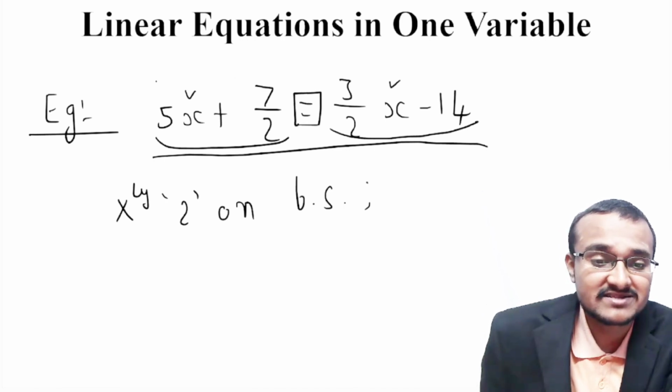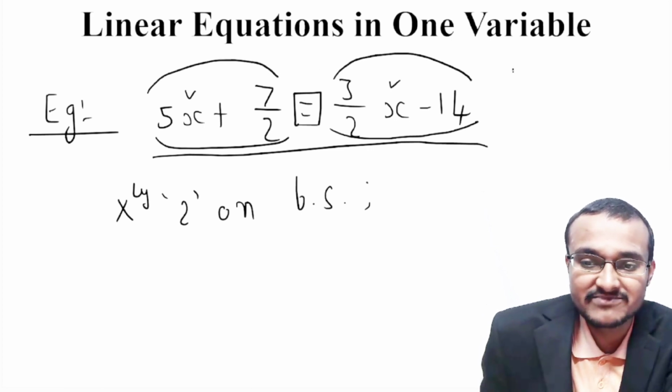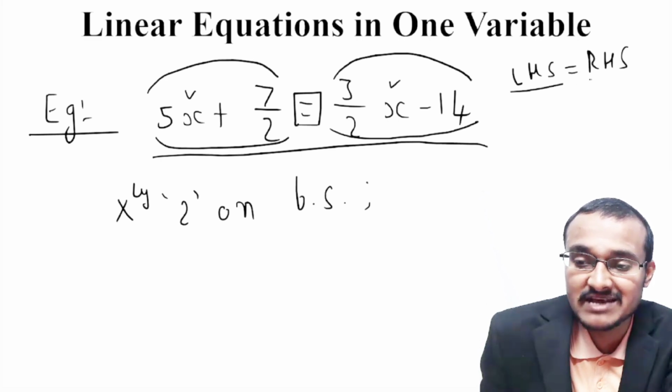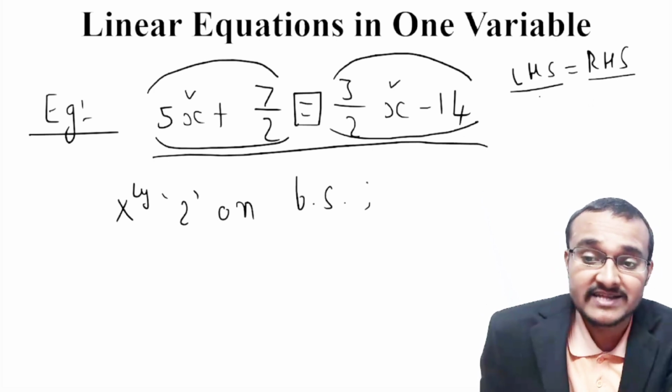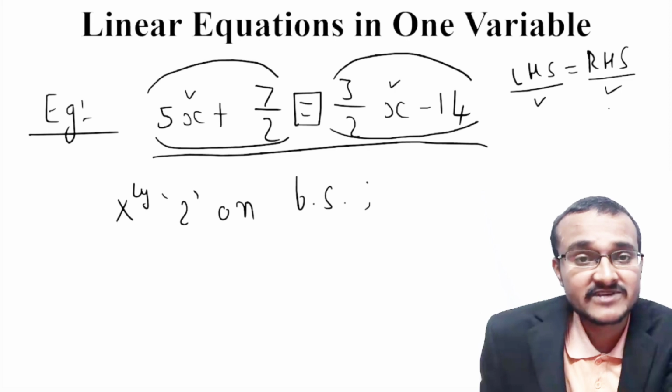That means this complete value should be equal to this particular complete value. That means LHS should always be equal to RHS. So whatever operation you do for LHS, you should do the same operation for RHS as well. Then only you can make LHS and RHS equal.